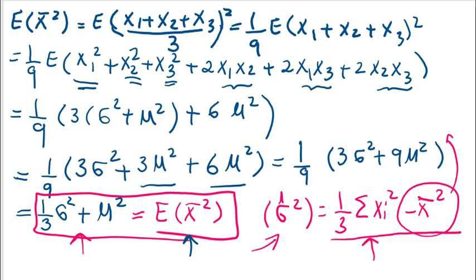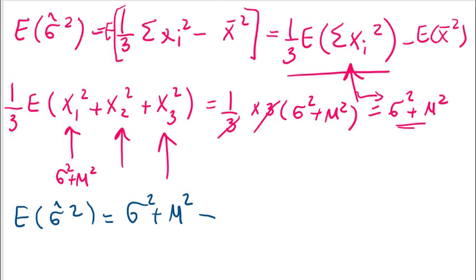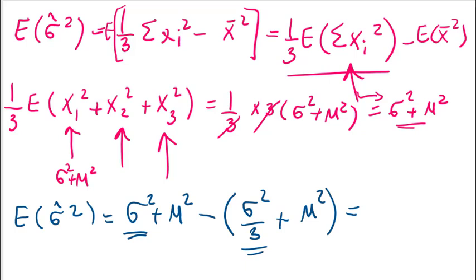So minus sigma squared over 3 plus mu squared, and that will be equal to sigma squared minus sigma squared over 3 gives me 2 over 3 sigma squared, and plus mu squared cancels with minus mu squared.